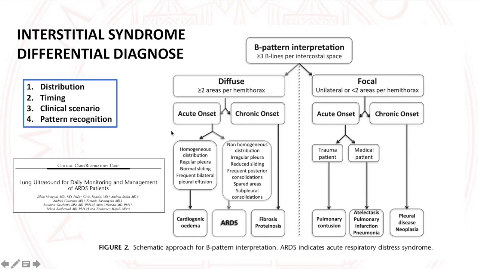Then we have to have the clinical scenario in mind. For example, if we are studying a medical or trauma patient, if the patient has fever or not, and so on. And then we use ultrasound as a pattern recognition tool to reach the final diagnosis.